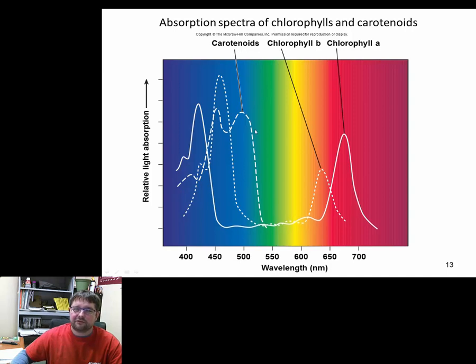And then not so good in the 550 range, especially the chlorophylls. The chlorophylls are going to be green. And then again, if it's a carotenoid, it's not going to pick up very much out here either, because carotenoids are red. But the chlorophylls A and B will pick up here on this red spectrum.